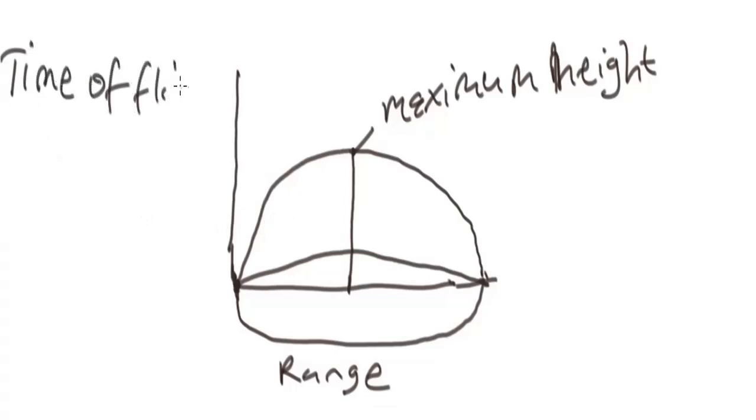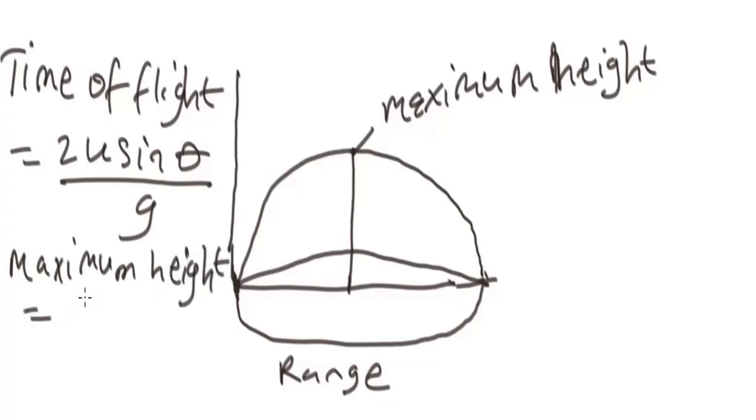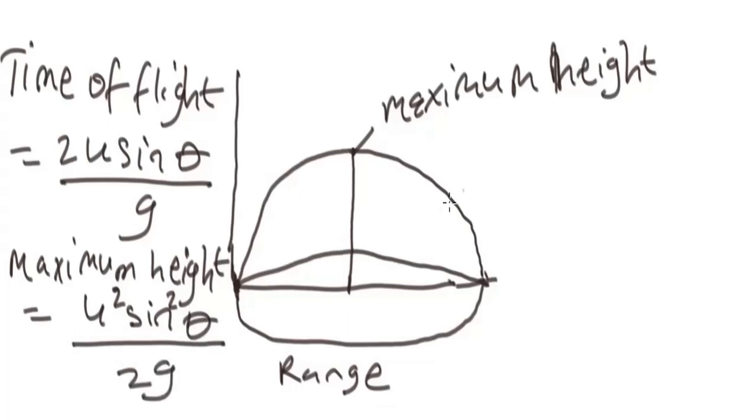Now, time of flight in projectile is calculated using 2u sine theta over g, whereas maximum height is calculated using u square sine square theta over 2g.